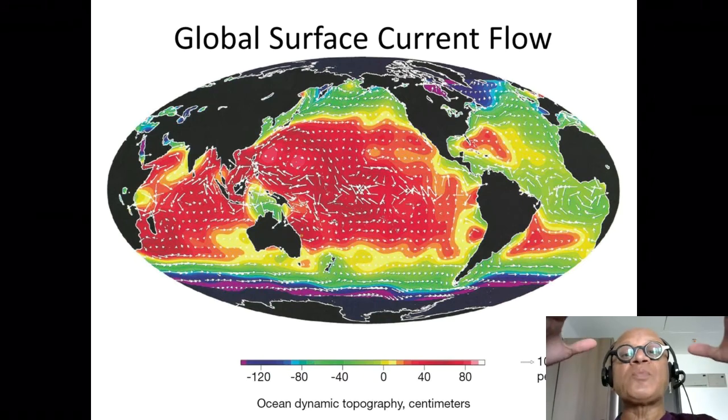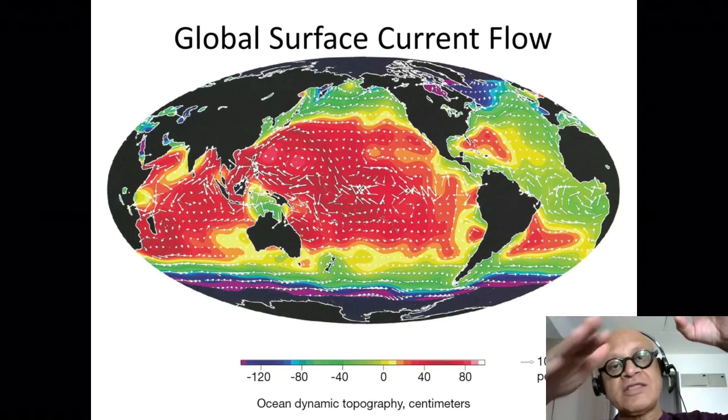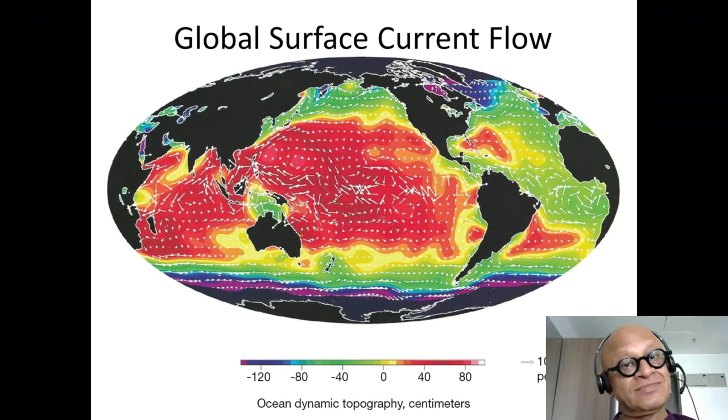These correspond to pressure gradients. So if you have a high surface height, then the low surface height around it is going to create a flow down the hill. So that's essentially like a pressure gradient. We will see that later on.